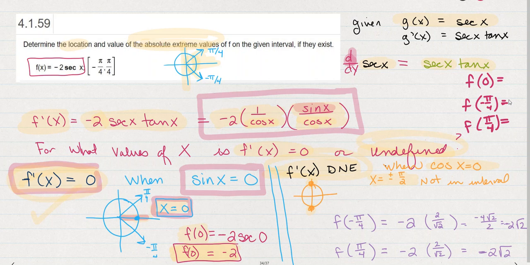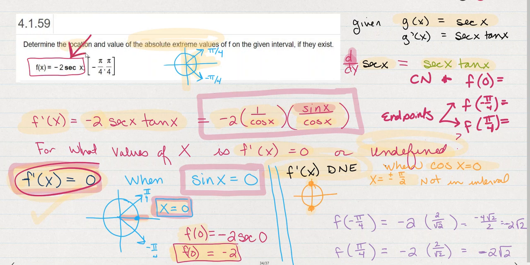The critical number is 0 because that's where the derivative was equal to 0. And the end points are negative pi over 4 and pi over 4. When I find the value of the function, going back here to the original function, when I find the value of the function at 0, I got negative 2.